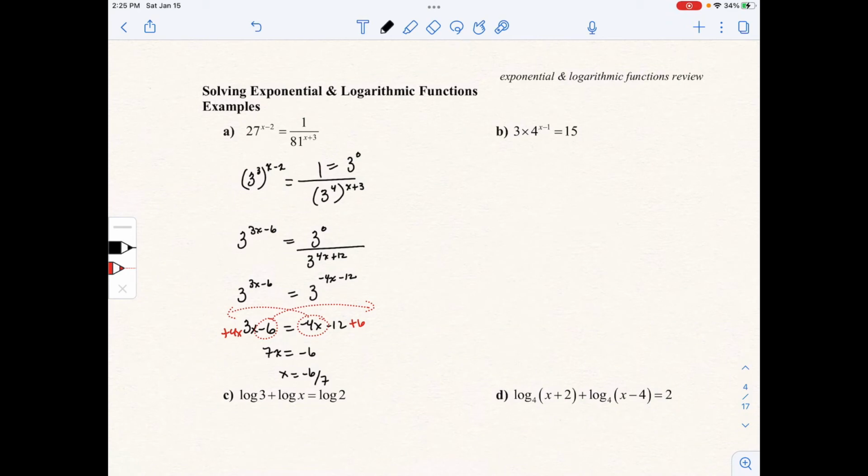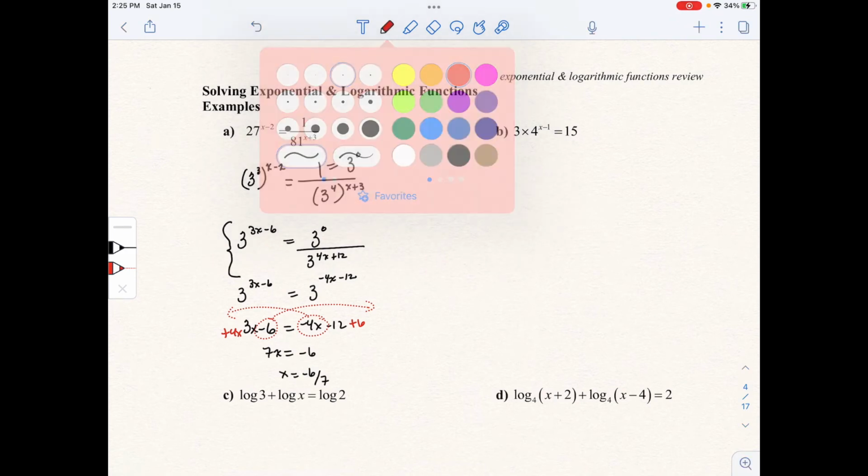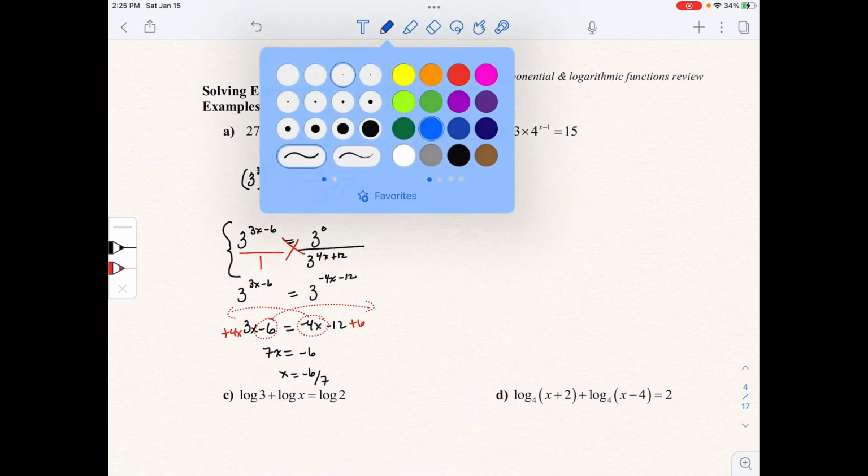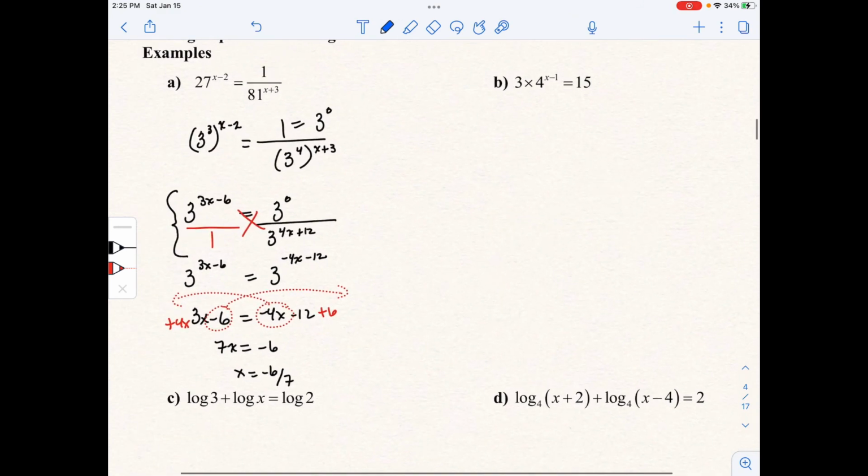Another thing I could have done mathematically, I'm just noticing, as an alternative, some of us might be thinking, why didn't I do it like this? I could have also just thrown this over 1 and then cross multiplied, because that's, of course, a proportion. So I could have rewritten this like 3 to the power of 0 is equal to 3 to the 3x minus 6 times 3 to the 4x plus 12.